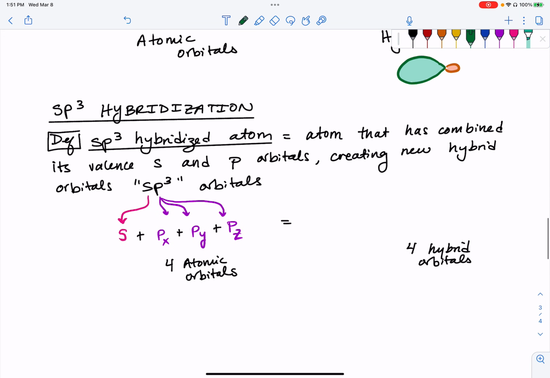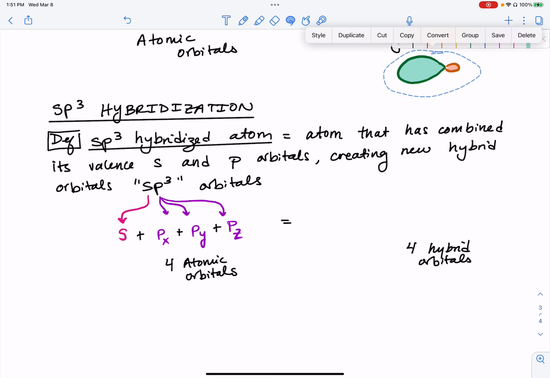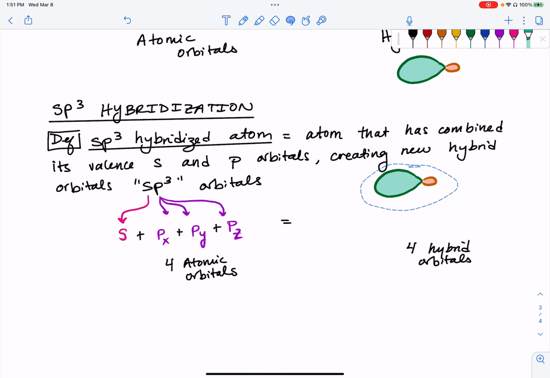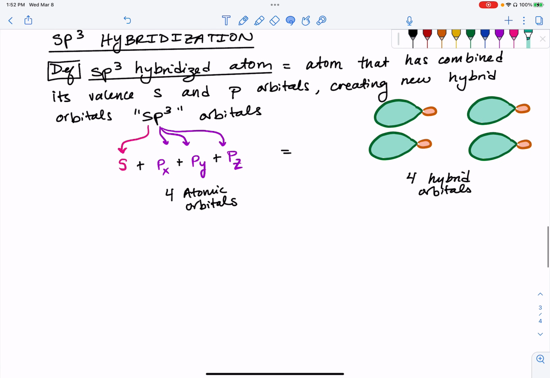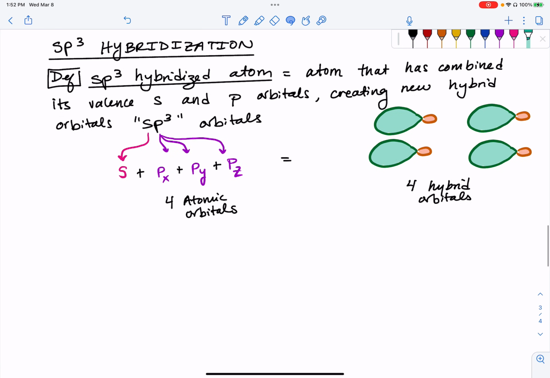So right up here, like so. And each of these orbitals, these are called sp3 orbitals. That's the name to describe the type of them. That's where they came from. They came from a combination of our valence s and all of our 3 valence p's.